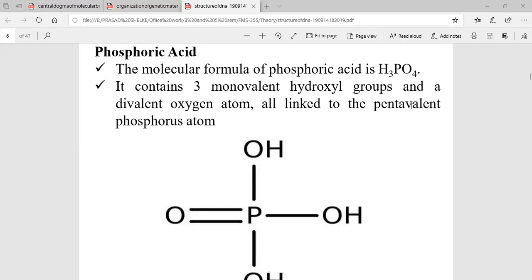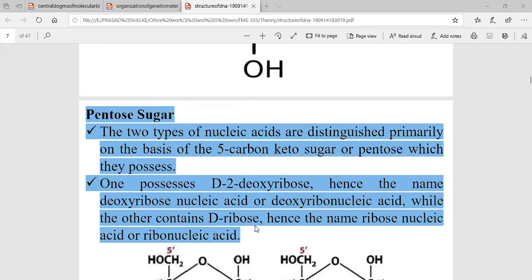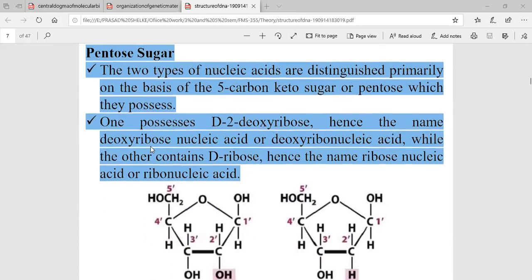The phosphorus is pentavalent. Its valency has the capability to bond with 5 molecules, 5 valencies.